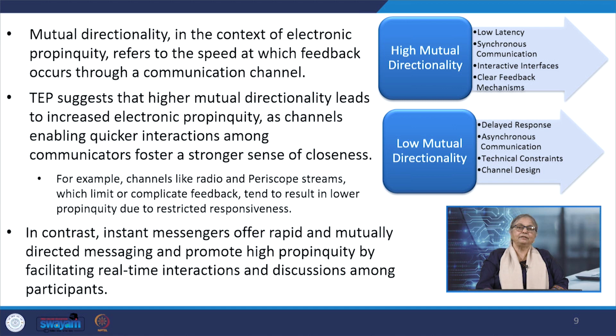and discussions among participants. Several factors impacting electronic propinquity are related to individual user needs and interactions, including task complexity, communication skills, and communication rules. Propinquity tends to decrease as users engage in complex tasks which involve intricate or involved interactions.